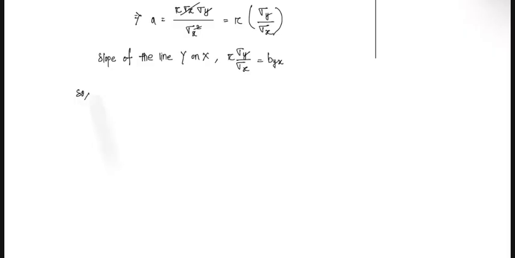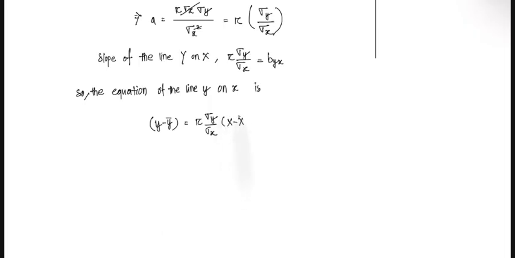Now we will find the equation of the line y on x. So the equation of the line y on x is y minus y bar equal to the slope times x minus x bar. This is your equation of line.